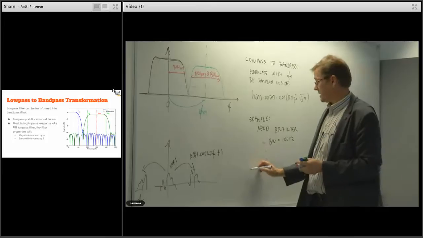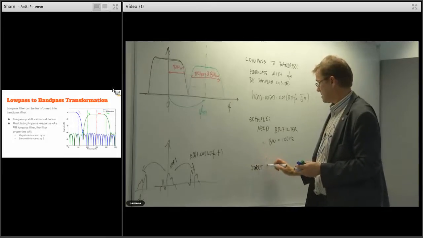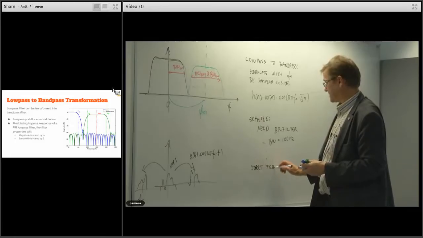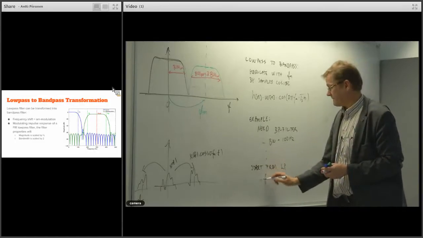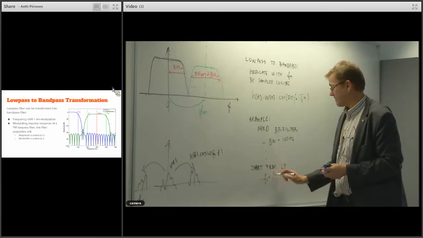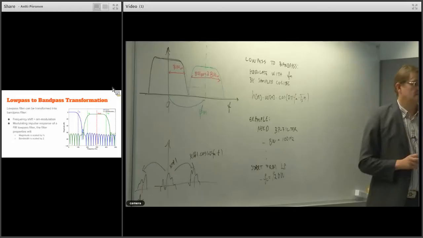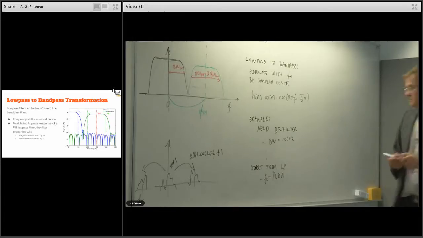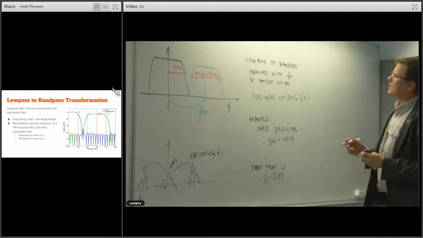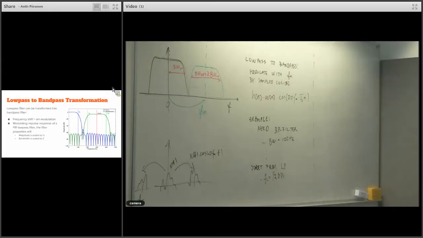We need to start from a low-pass filter, where the FC is half of that bandwidth that was required there. Easy. Otherwise, you will get too wide a bandwidth. Okay. That's easy.